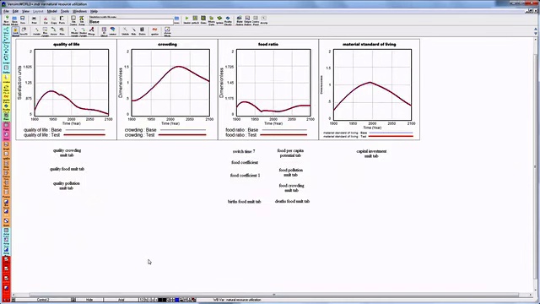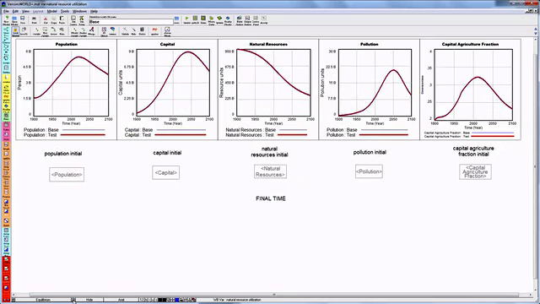There's also a set of qualitative multipliers. So we have the output quality of life, and then the crowding, food, and material standard of living inputs to that, and some parameters for those relationships.